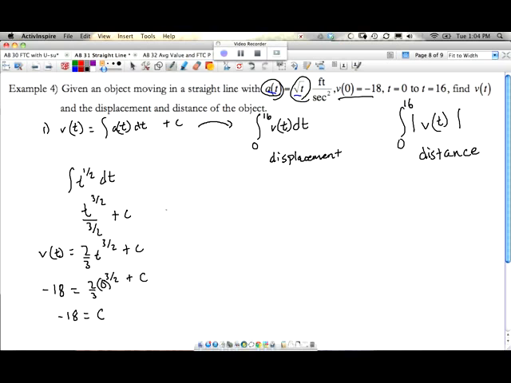So my official velocity function is v of t. Let's write this in some vibrant color. v of t is 2/3 t to the 3/2 minus 18.